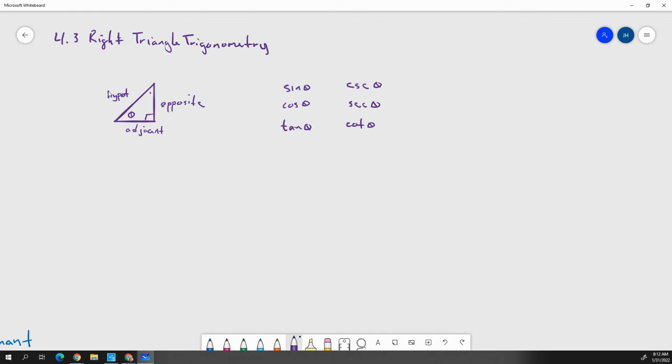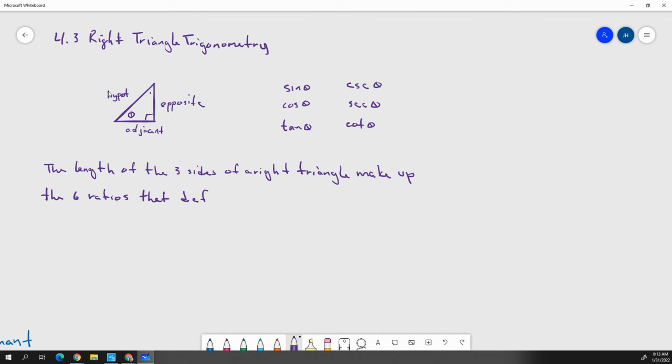And then the lengths of the three sides of a right triangle make up the six ratios that define the trigonometric functions.